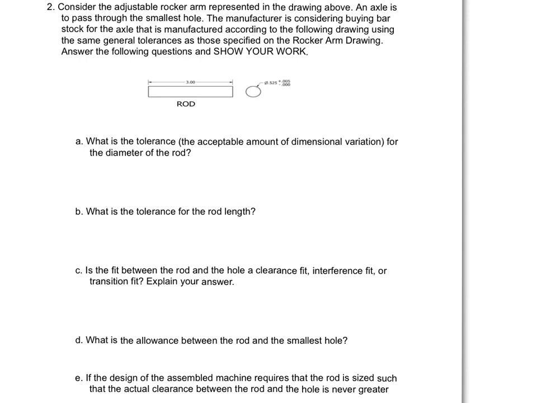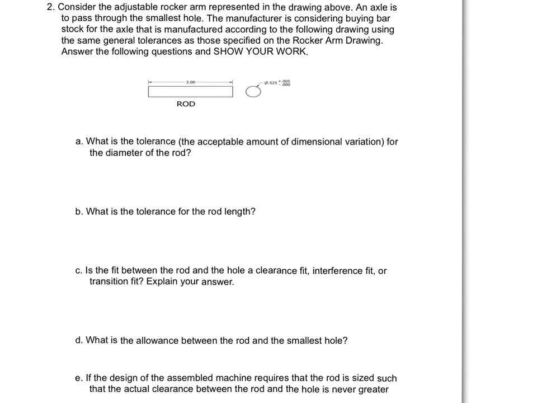So you need to flip back to the drawing that we did. I can't back up and show you, but remember in slide 2 when I said to look at the adjustable rocker arm and look at the smallest circle. That's the circle you're going to put this rod through.